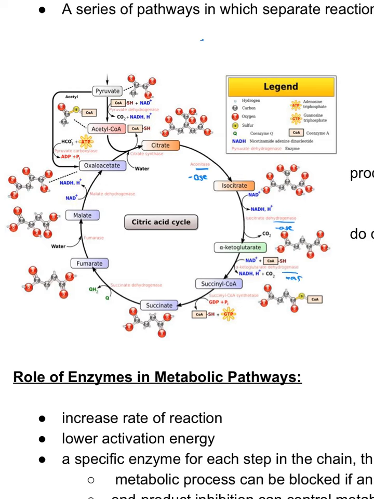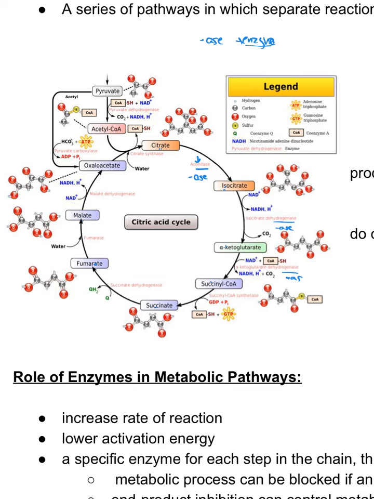If something ends in ASE, it's an enzyme. It's a useful thing to know. So these are reactants and products: citrate, isocitrate, alpha-ketoglutarate, succinyl CoA, and so forth. Those are all products or reactants. And here is the enzyme.